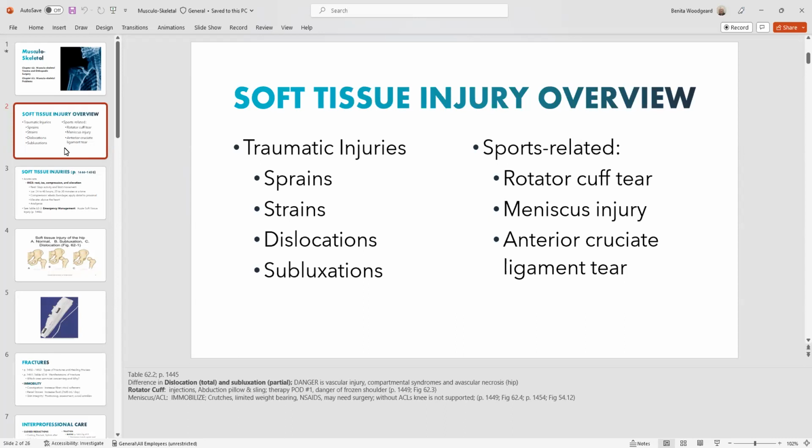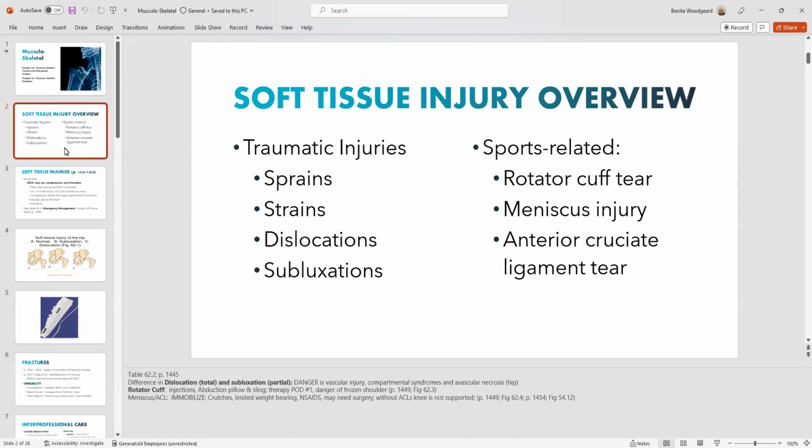I'm just looking at some of my notes down here at the bottom, and just to bring to your attention, dislocations and subluxations, which there are pictures of in your books that I'll have you go back and refer to. It's very dangerous with those injuries if they are not put back into place. They usually do that without surgery, with a closed reduction.